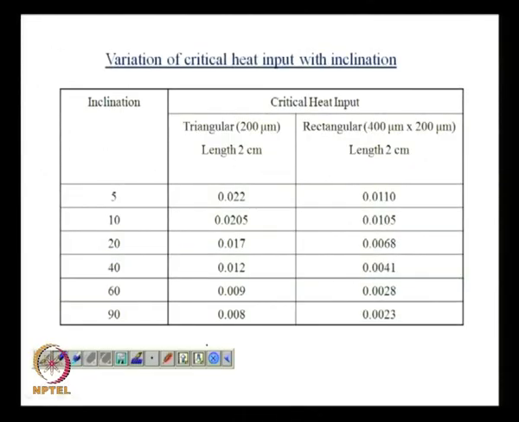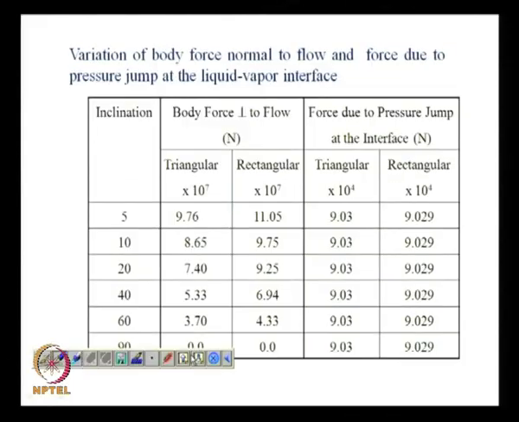As I said, the critical heat input is large before dry out occurs for triangular compared to a rectangular. And as the opposing inclination increases, the critical heat input decreases, that means the dry out occurs faster.